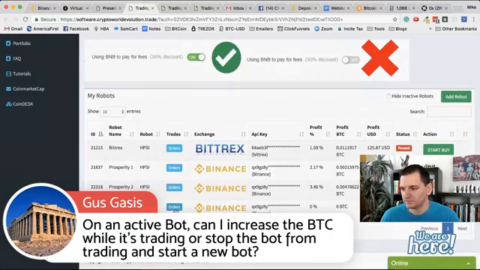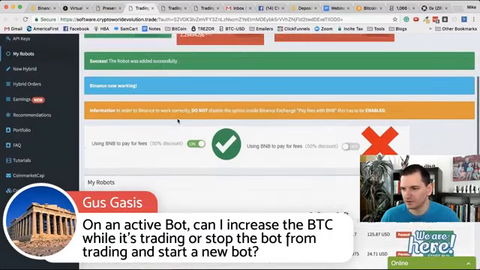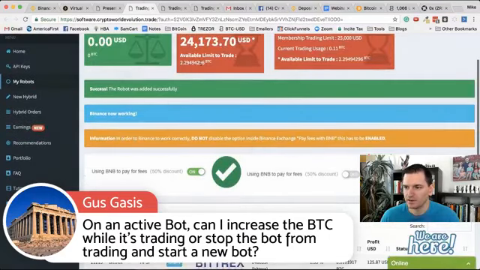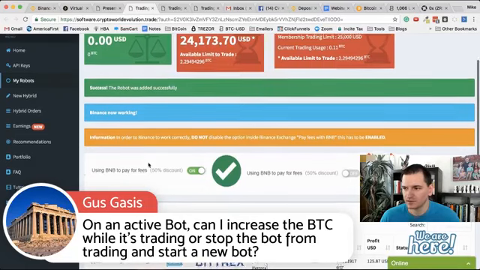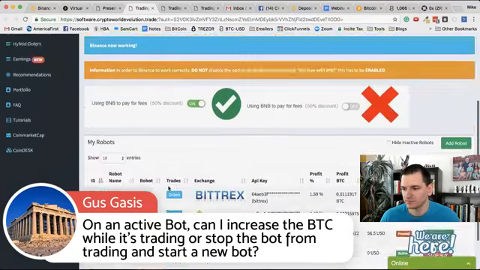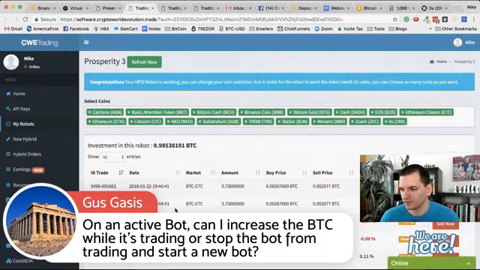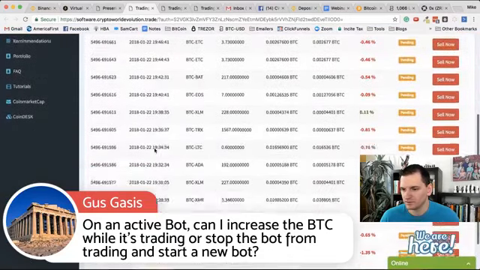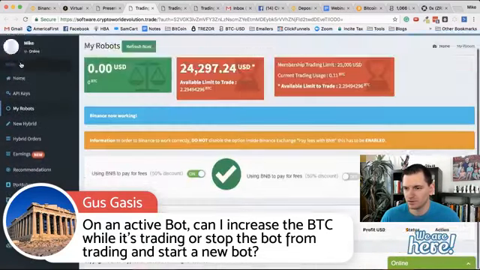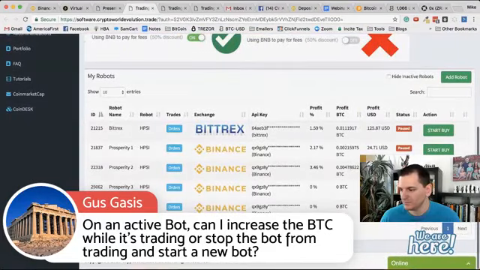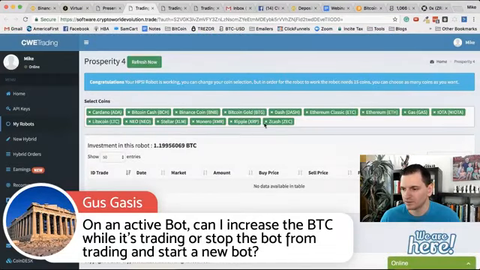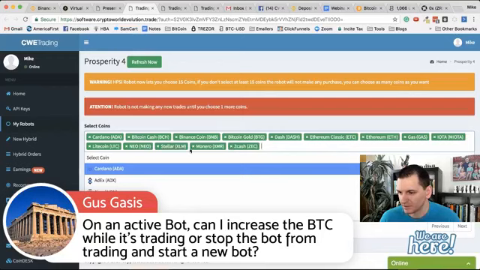Bam. Now I should have that total available trading right now. And then I've got to go in and delete these ones I don't want again. I've got to make sure I do that right now so it doesn't start trading them.